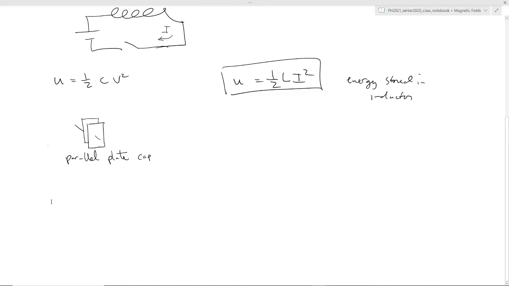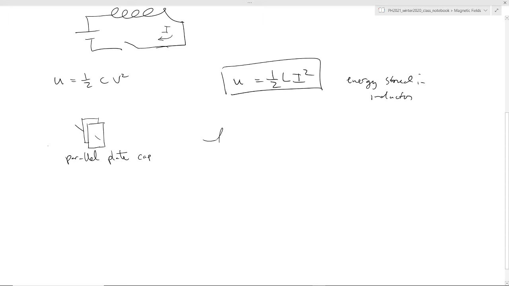So this parallel plate capacitor was the archetype for our model of a capacitor. And the go-to system when we talk about inductors is a solenoid. So let's derive the inductance for a solenoid. Actually, let me draw this a little bit better to give you a better idea.